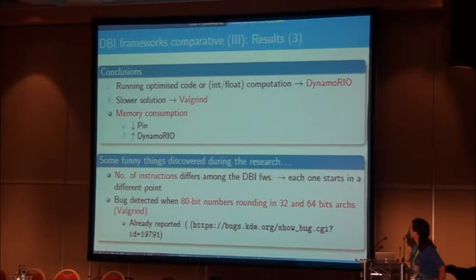We also detected a bug in Valgrind related to a function that handles 80-bit numbers in both architectures, but unfortunately it was already reported, so we cannot claim it.